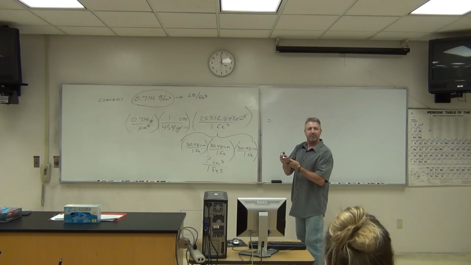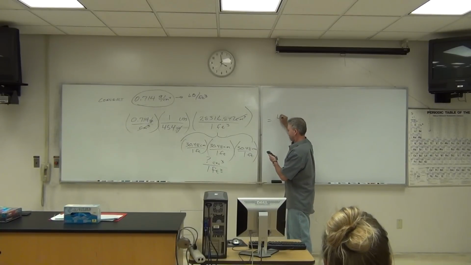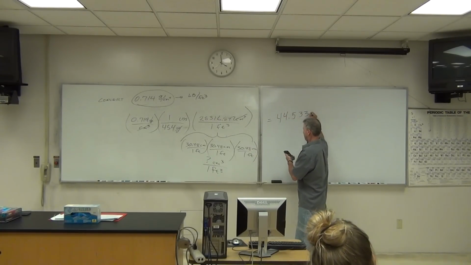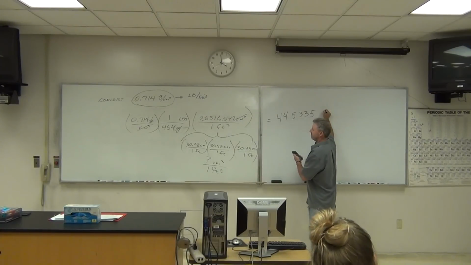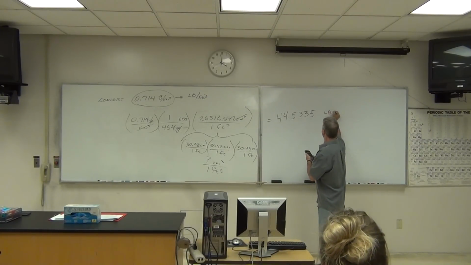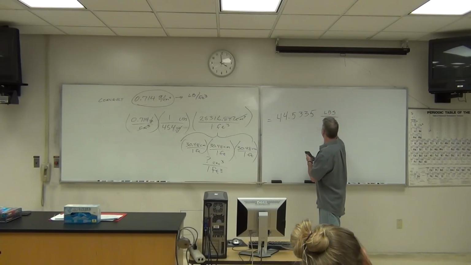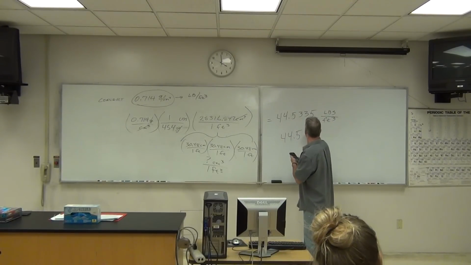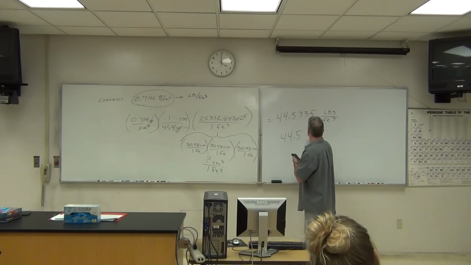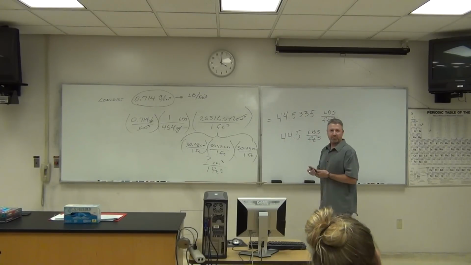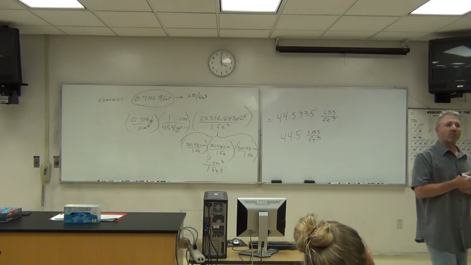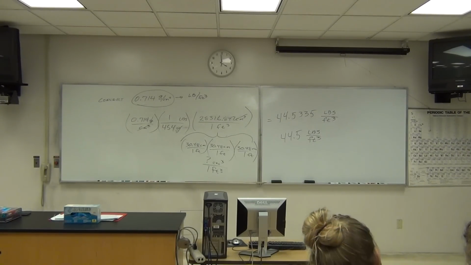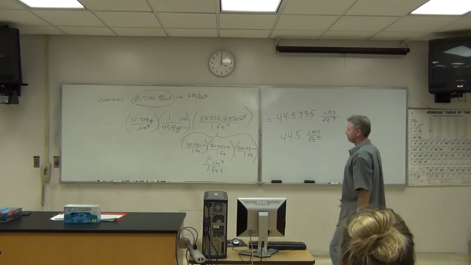No, I still got 5. 44.5335. I'm going to go with 3 significant digits, 44.5 pounds per cubic foot. Which one did you do? I have it now. I must have just entered in the wrong number. Okay. 44.5.